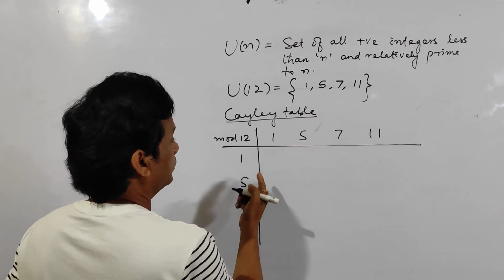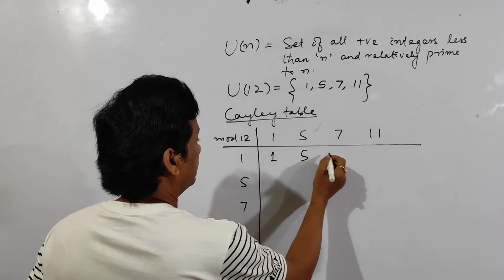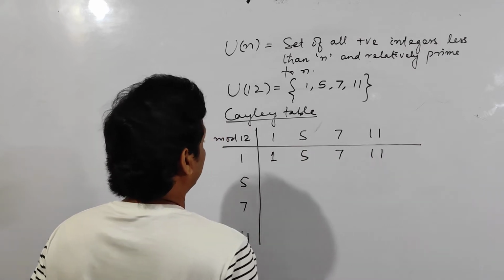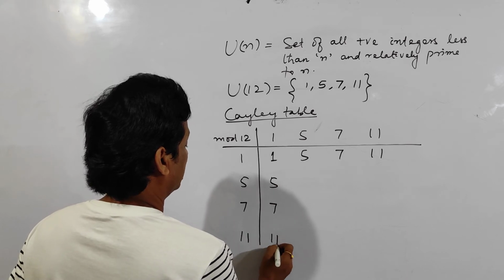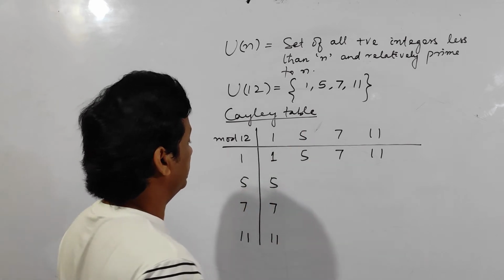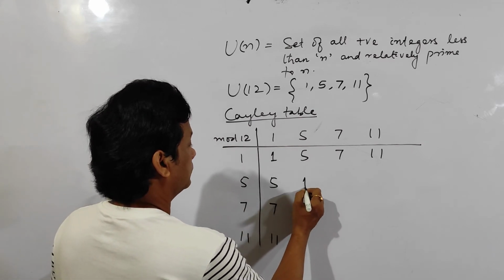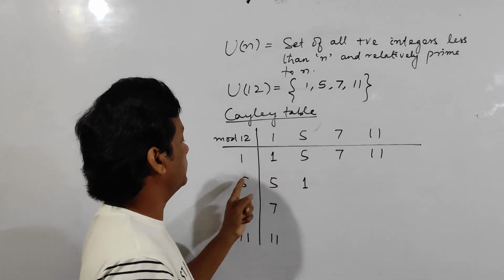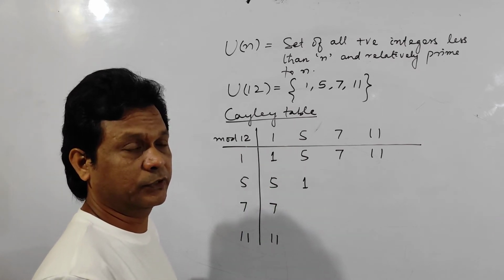So 1 times 1 is 1. When 1 is divided by 12, the remainder is 1. So this is also 5, this is also 7, this is also 11. So 5 times 5 is 25. When 25 is divided by 12, the remainder is 1. So 7 times 5 is 35. When 35 is divided by 12, how much is the remainder?